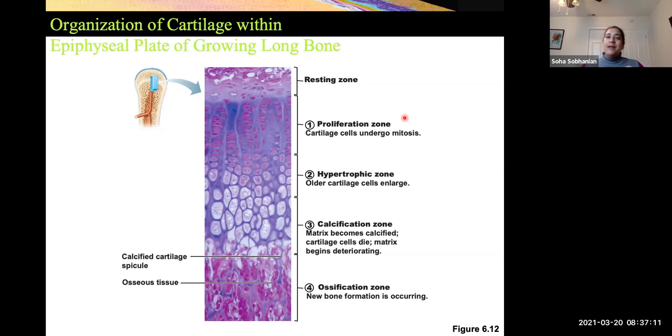It gets shorter because, again, think about the whole scenario of the lemonade. I'm adding less lemonade on the top, but I'm taking the same amount out as before. So I'm taking more out and putting less in. So my epiphyseal plate starts to get shorter.